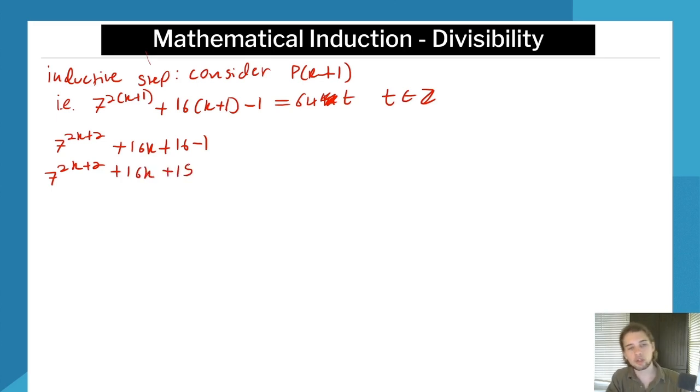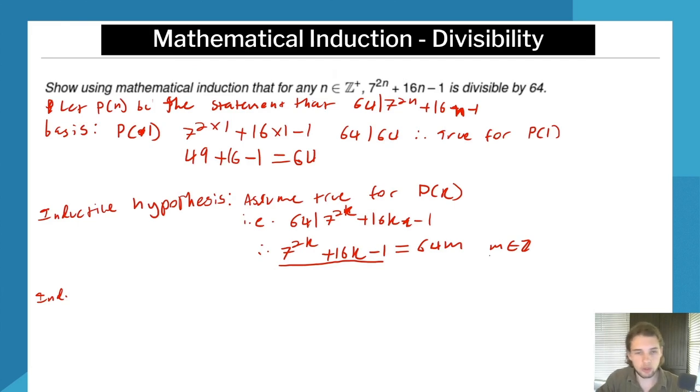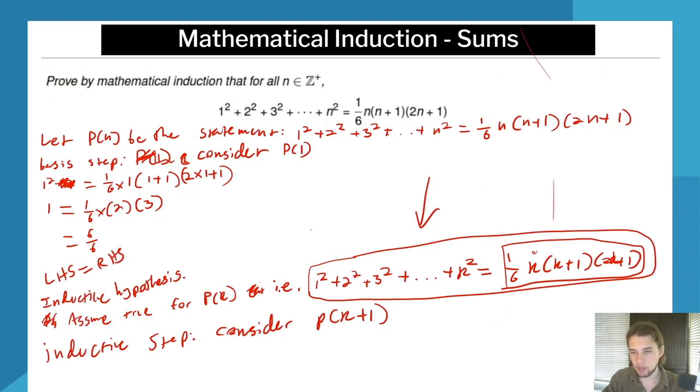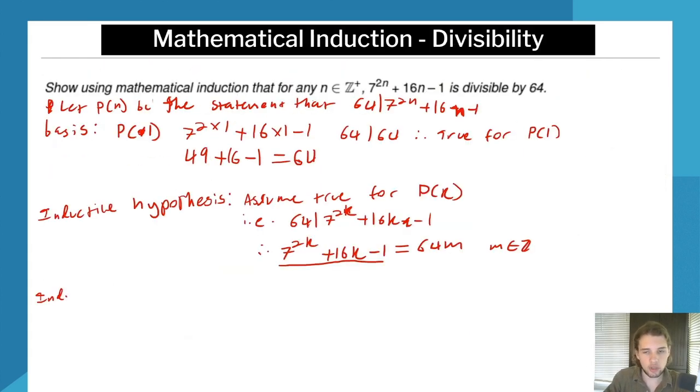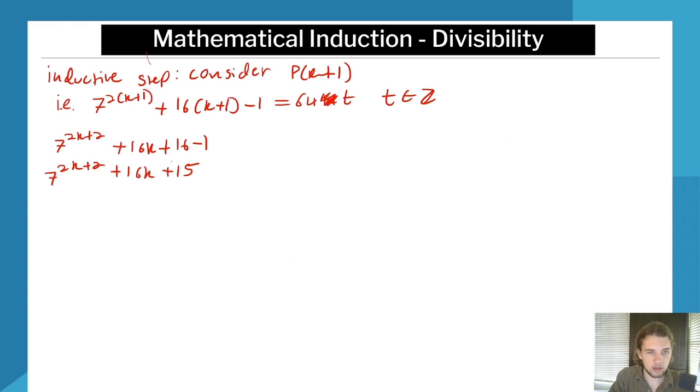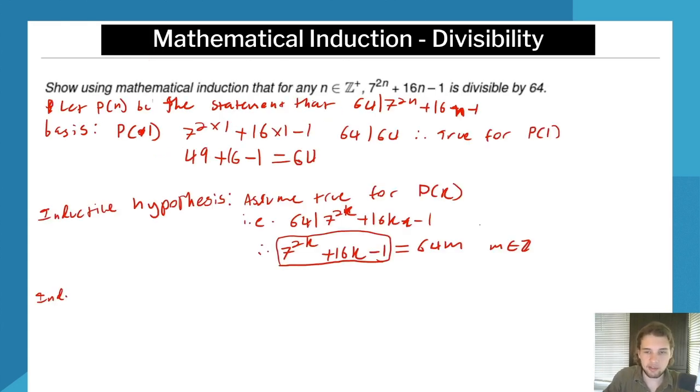Like last time, like we did over here, where we were able to substitute this into our equation to get a proof, we're going to want to substitute this into our expression here, and therefore we can get a 64m.